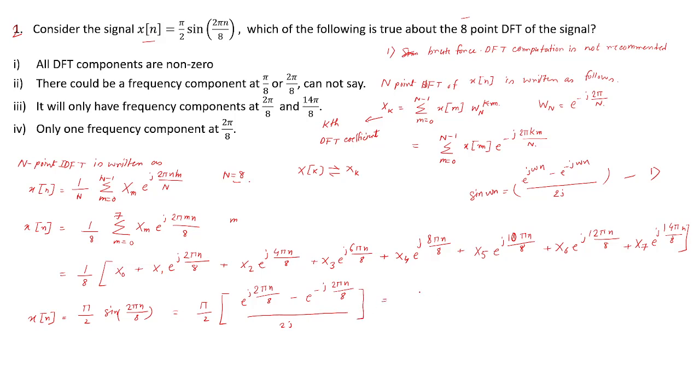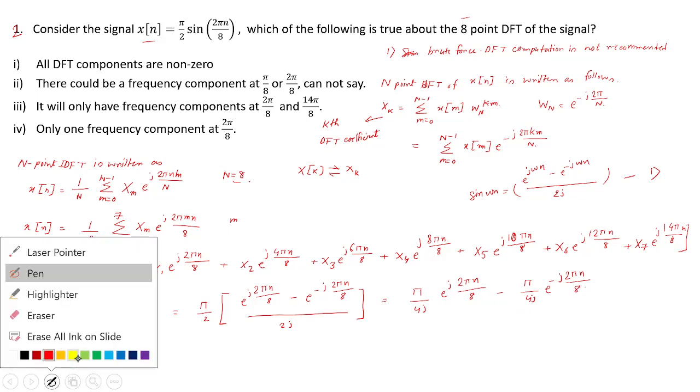If we break it down further, it becomes pi over 4j times e to the power j 2 pi n over 8 minus pi over 4j times e to the power minus j 2 pi n over 8.